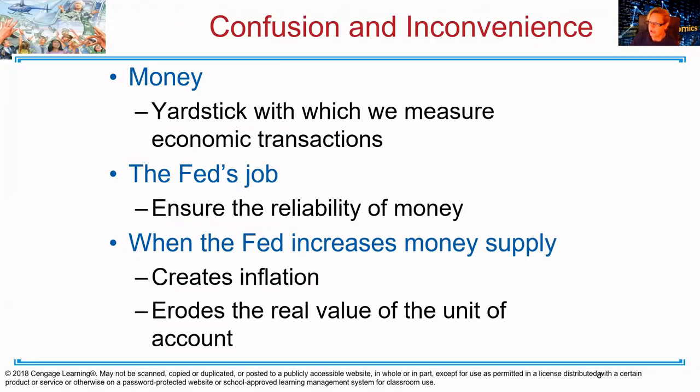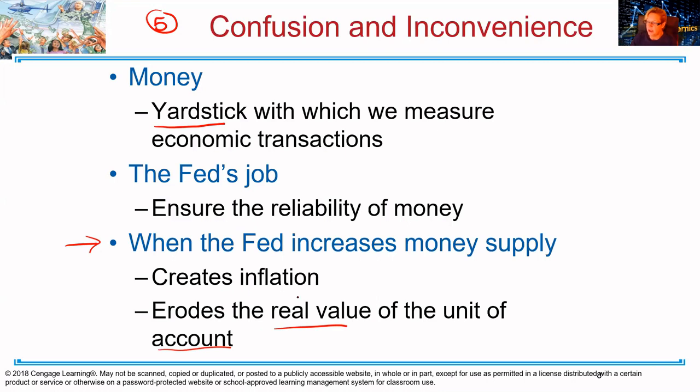It also leads, if I can put 5 up here, to confusion and inconvenience. Because we use money as a yardstick, it becomes difficult, because at what price do we actually record that transaction? So that becomes difficult. So basically, we know that when the Fed increases the money supply, that creates inflation, which erodes the real value of the unit of account.